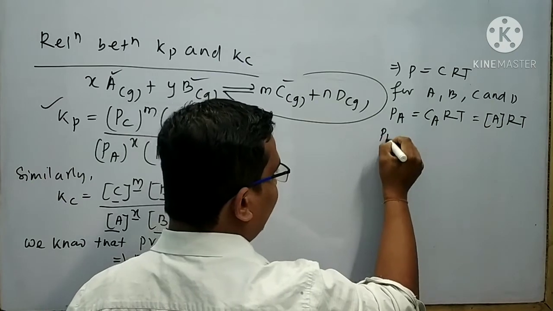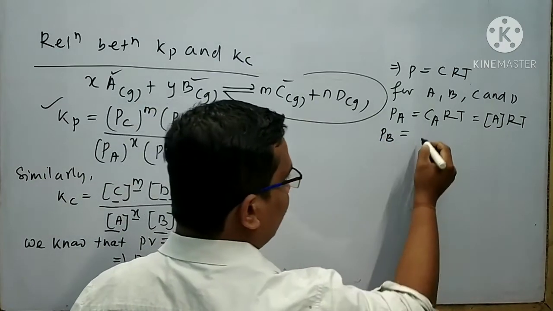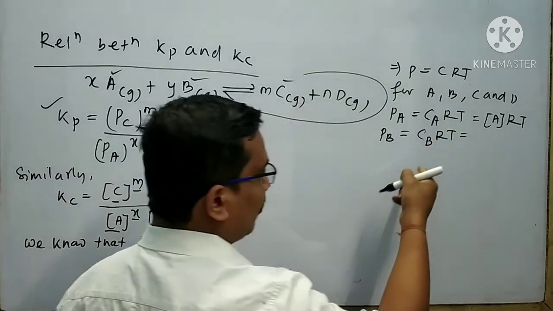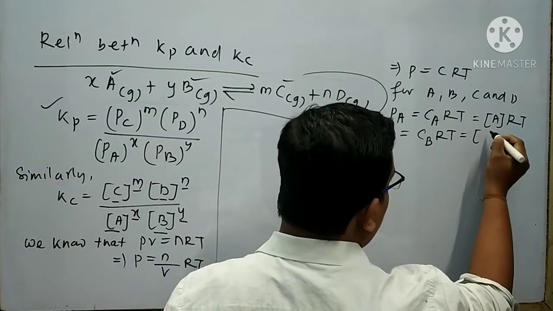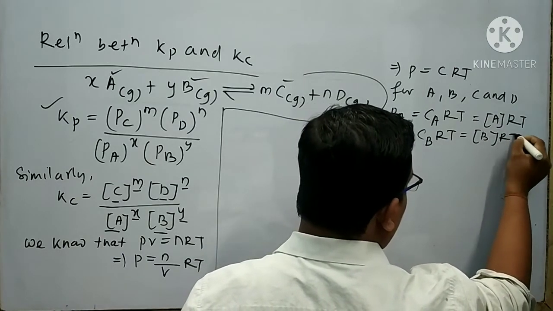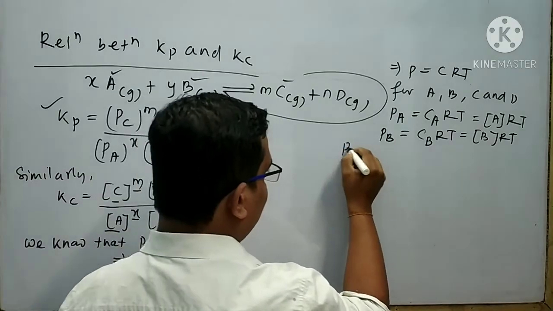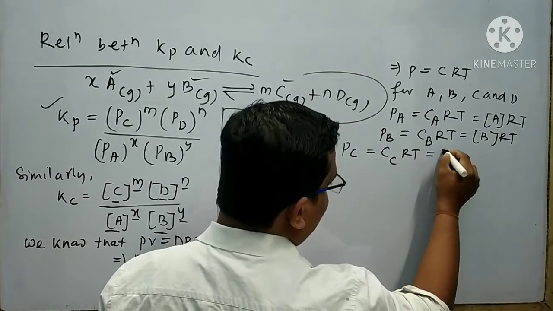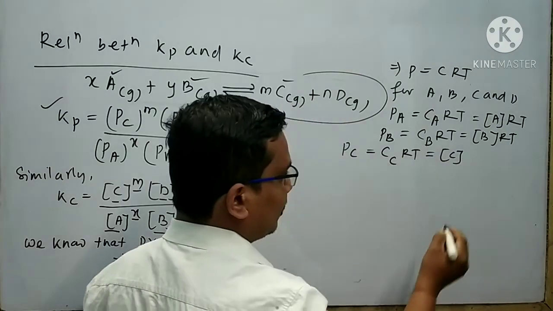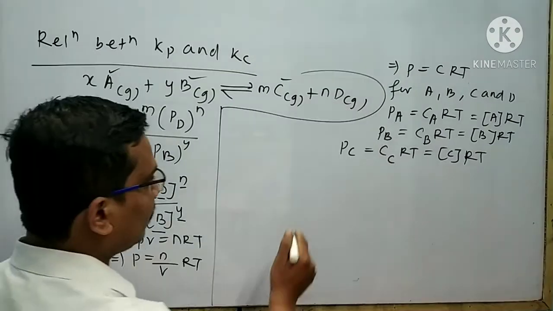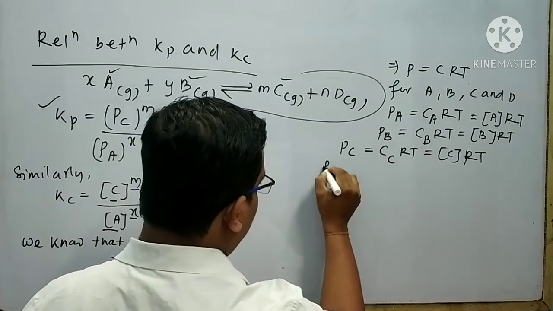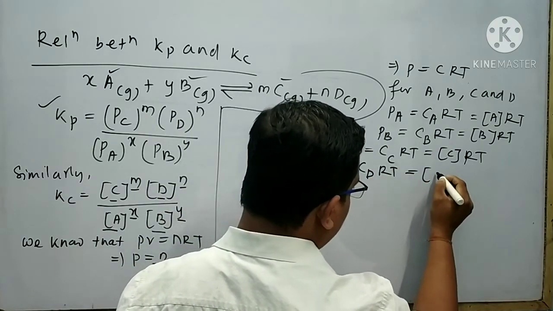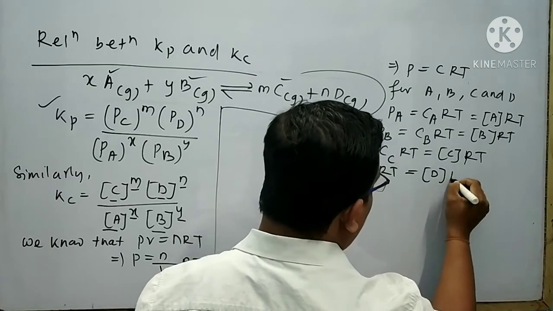Similarly, for B I can write PB equal to CBRT, equal to concentration of B into RT. Similarly, I can write PC equal to CCRT, equal to molar concentration of C into RT. Similarly, for D, PD equal to molar concentration of D into RT.